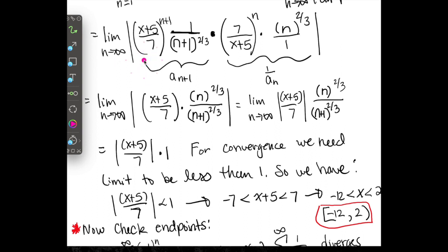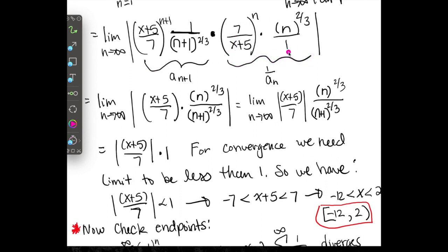Okay, so I'm going to take the limit as n goes to infinity of the nth plus 1 term. Here's the nth plus 1 term. And then I have to divide by the nth term, which is basically just taking the reciprocal of a_n. So that's this part here.